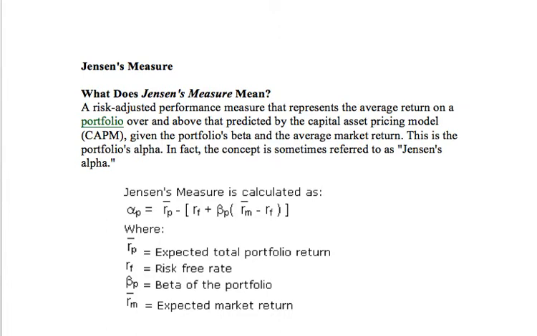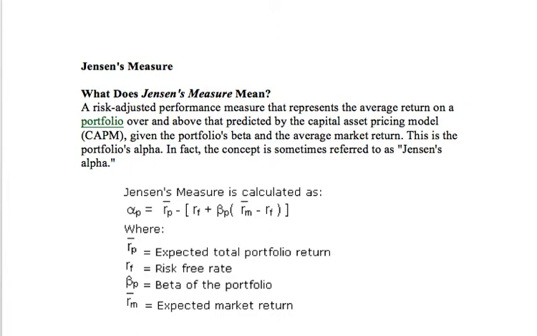Now, in regard to the capital asset pricing model, or the CAPM, what we do is correlate a portfolio or a stock's return to the overall market return. And what I mean by the market would be the return, say, for the S&P 500, the Dow Jones Industrial Average, or the NASDAQ.